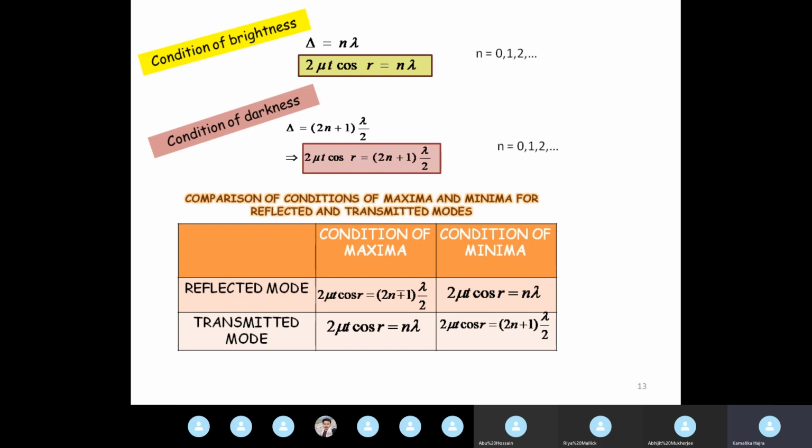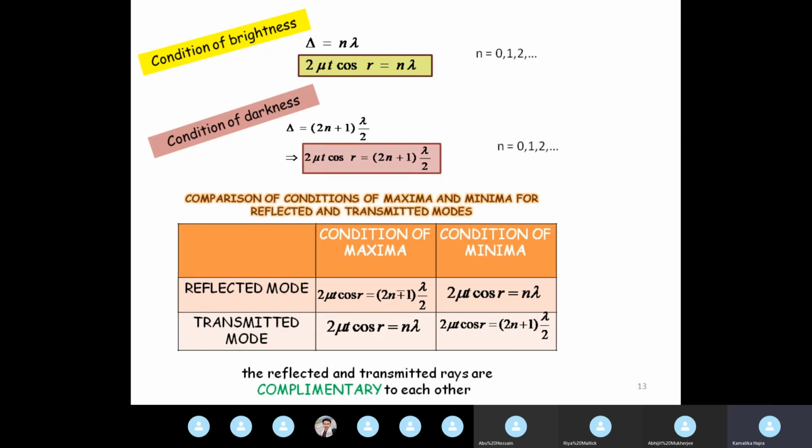So we can clearly say by just looking at the mathematical expressions for the conditions of minima and maxima that the bright fringes in the reflected mode will be the dark fringes in the transmitted mode and vice versa. So the reflected and transmitted rays are complementary to each other.